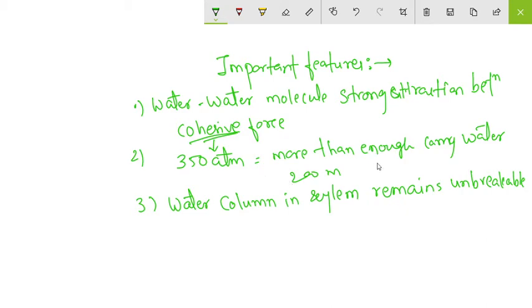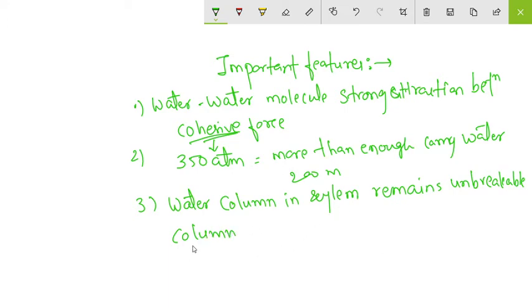And the next point: the water column in the xylem remains unbreakable due to this cohesive force. That means the water molecule has a strong attraction, and due to that, the water column in the xylem remains an unbreakable column, and therefore it can be easily carried upward.